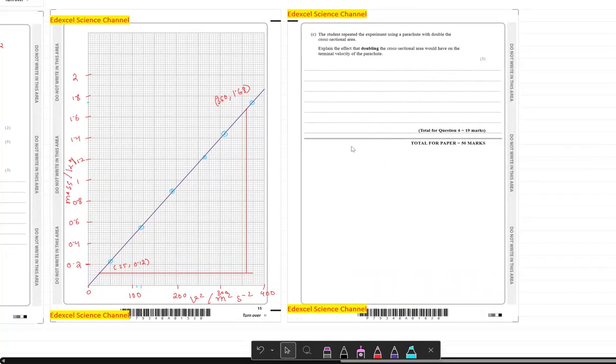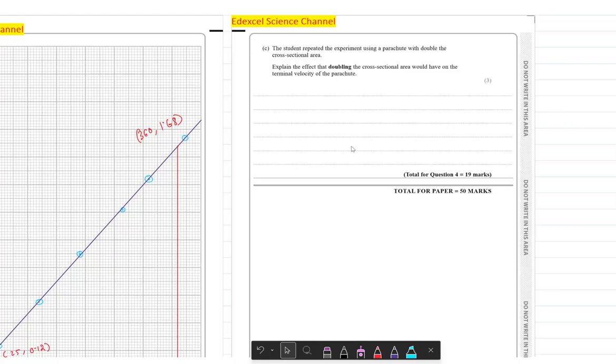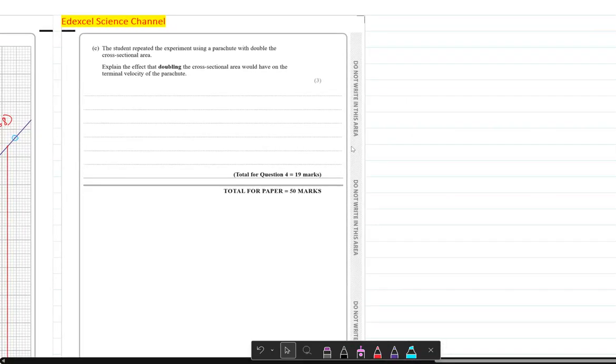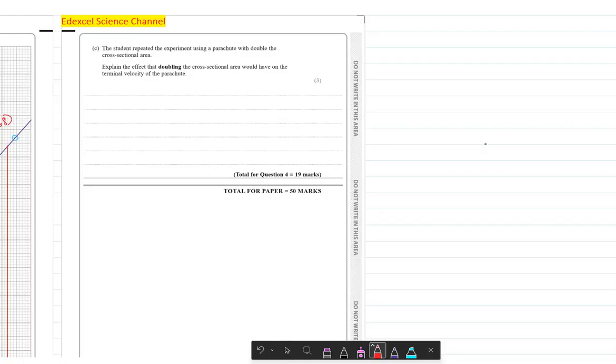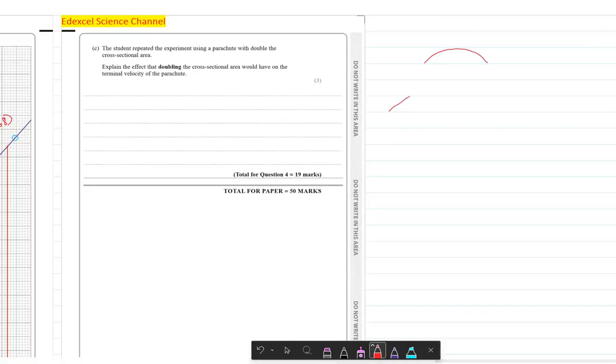Moving on to question number C. The student repeated the experiment with a parachute with double the cross-sectional area. Explain the effect that doubling the cross-sectional area would have on the terminal velocity of the parachute. So if the initial size of the parachute was like this, now they're doubling the cross-sectional area of the parachute.